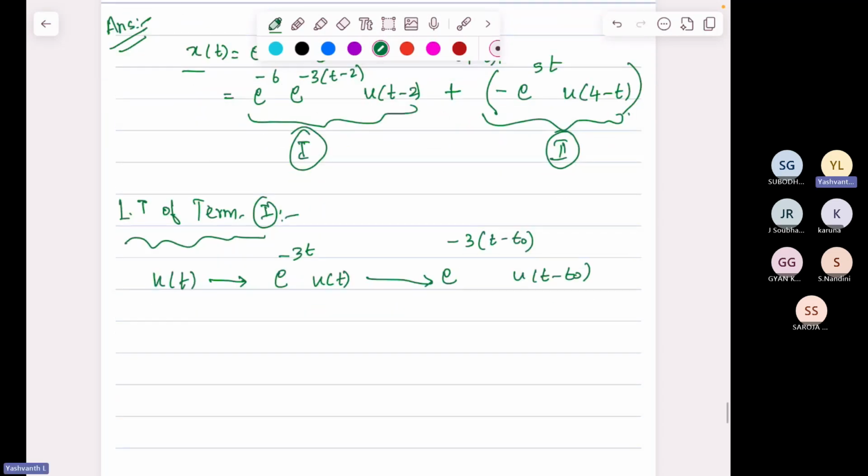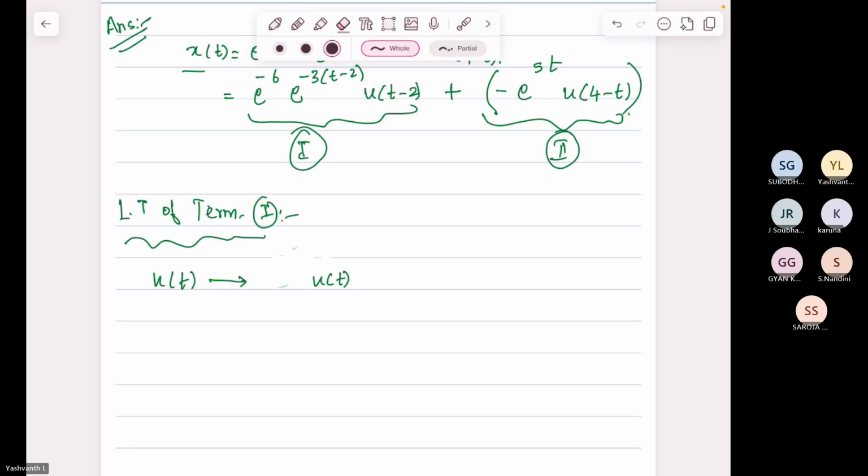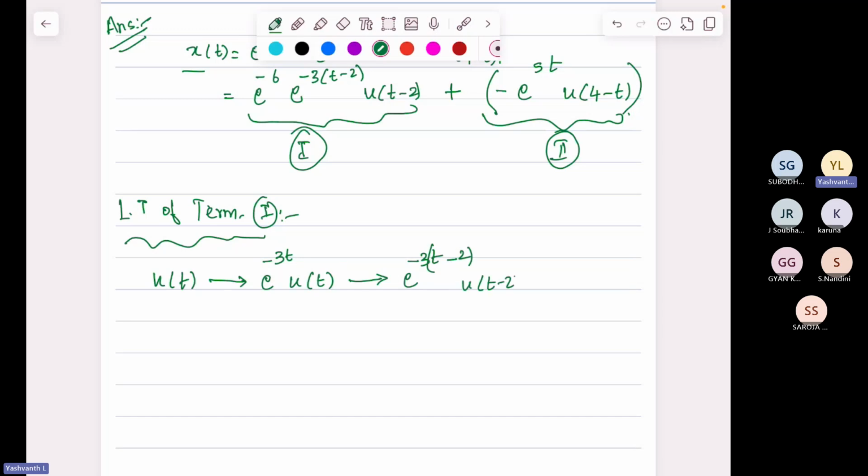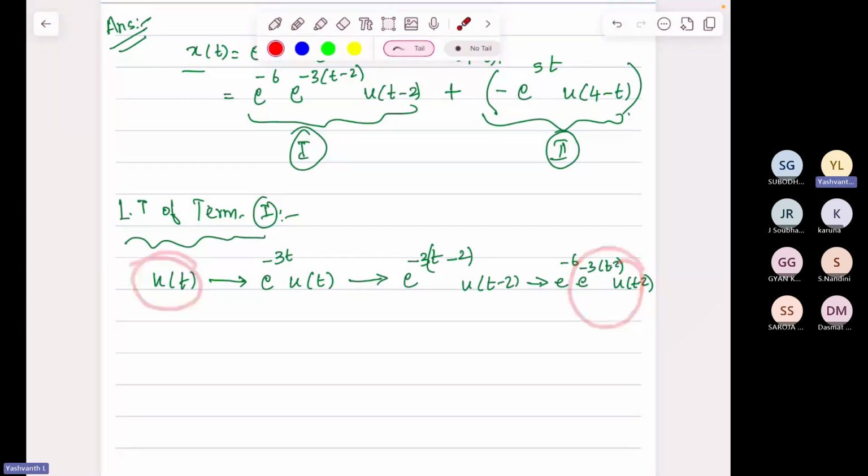Maybe one more step: e power minus 3t into u of t, and this becomes e power minus 3 of t minus 2 into u of t minus 2, and then it becomes e power minus 6 into e power minus 3 of t minus 2 into u of t minus 2. This is the sequence of operations to get the first term from u of t in the time domain.